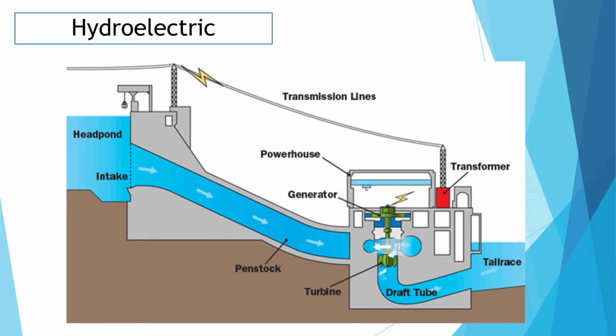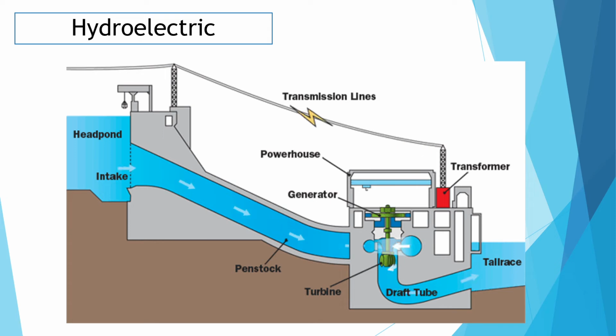Because of the turbine's rotation, you have kinetic energy. This kinetic energy is converted into electrical energy by something called a generator. This electrical energy will then be transferred to a transformer, and this is the one that transfers the energy to your houses.